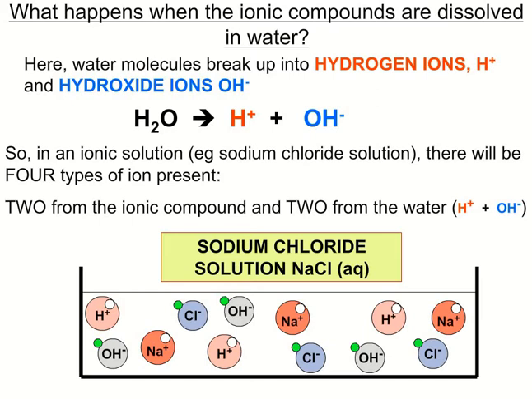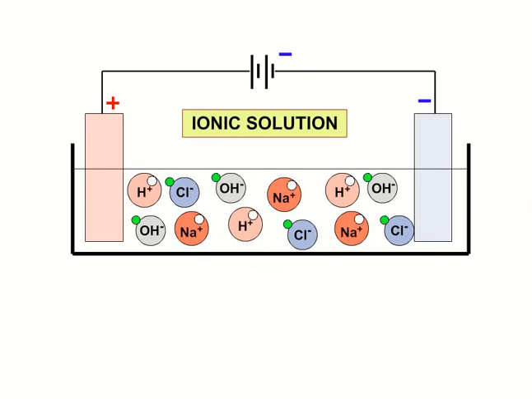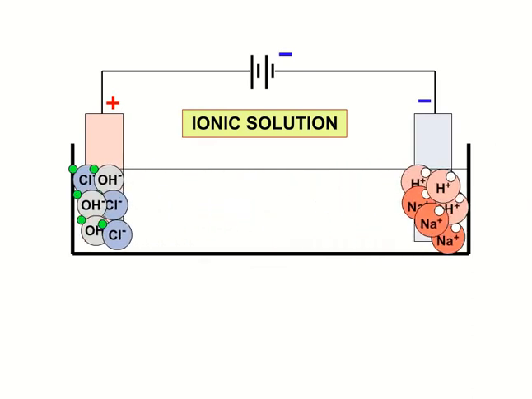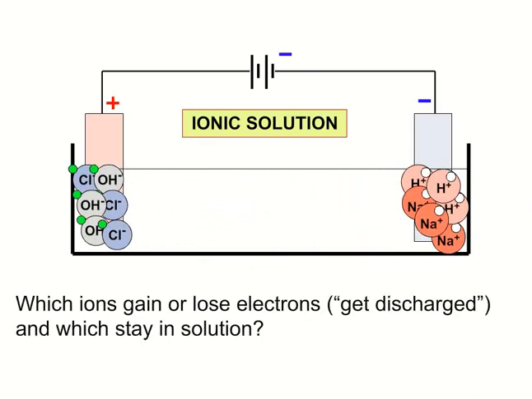In an ionic solution, each ion can gain or lose electrons and be discharged, or stay in solution.